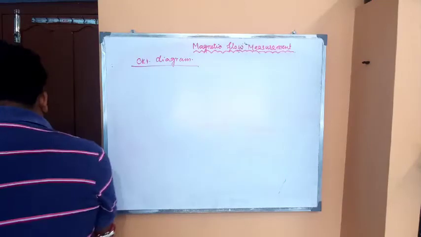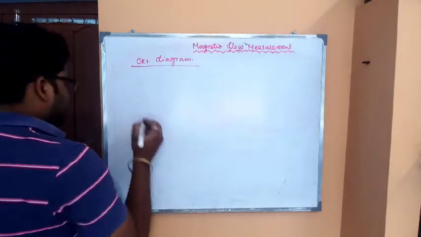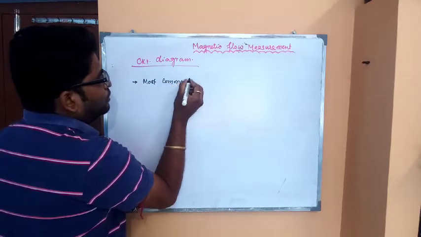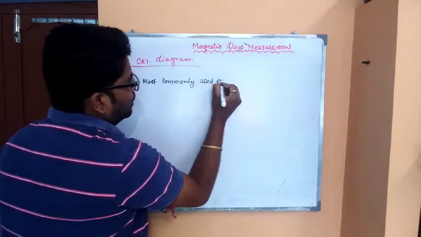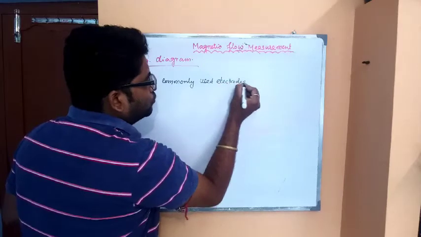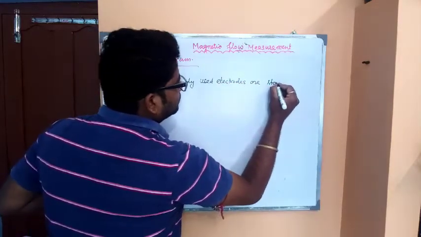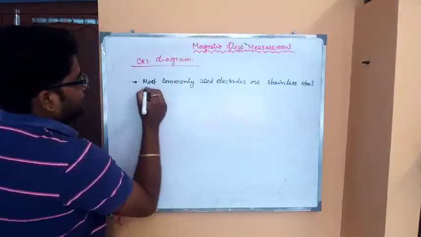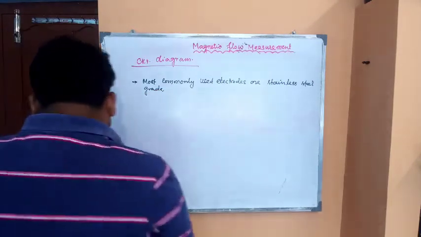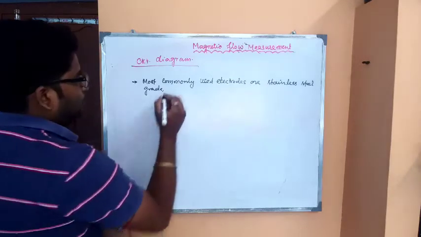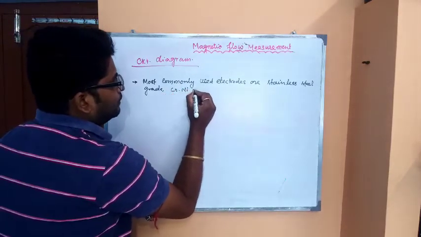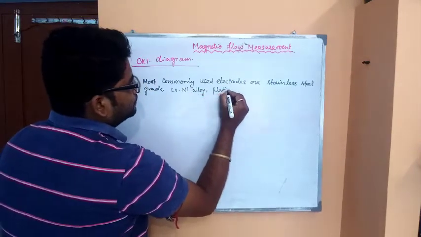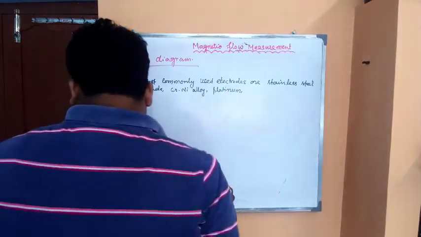Now the most commonly used electrodes are stainless steel grades, then chromium nickel alloy, then platinum, then titanium.